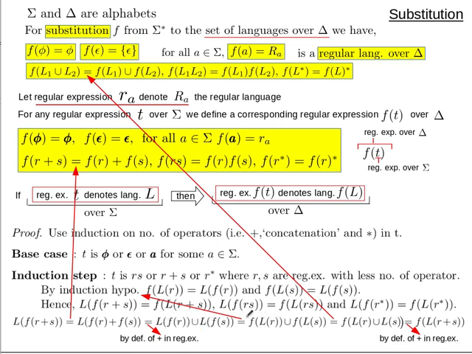So here is the step where you go from a regular expression over sigma to a regular expression over delta. Okay, similarly you can have the proofs for the concatenation and Kleene star. I'm not writing those, so you can work that out yourself.